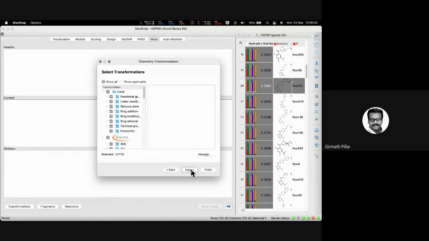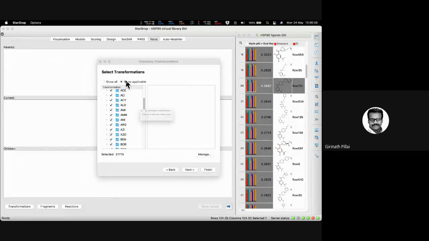I'll click next. Now the software will try to understand the possible breakage of bonds or formation of bonds. In organic synthesis, we have something called breaking rules and linking rules. We cannot simply attach anything to any compound, or simply remove substitutions; reactions cannot be done on everything. We need to look at the reagents, intermediates and others.